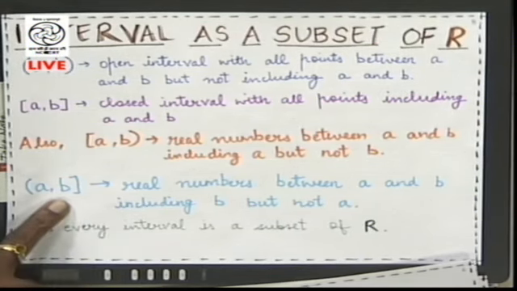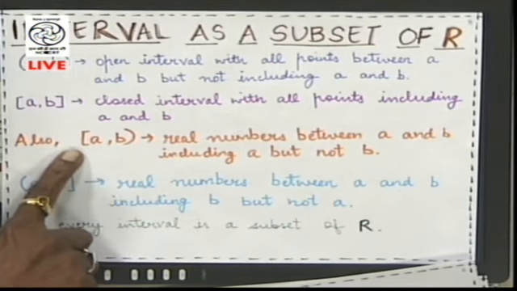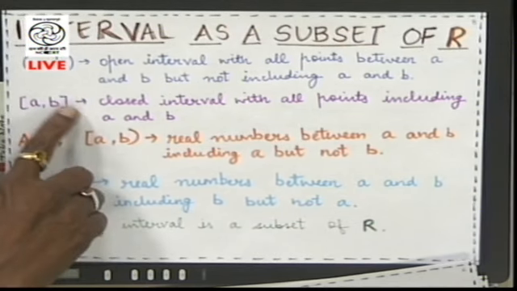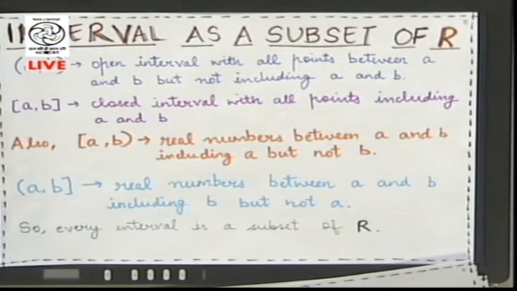Both the endpoints are included, which is called the closed interval. Both the endpoints are not included and we call it an open interval. These four kinds of intervals form sets, because each is a well defined collection of real numbers between these two numbers. So in general we call all of these intervals. Every interval is also a set, and it is a subset of R, that is, the set of real numbers.